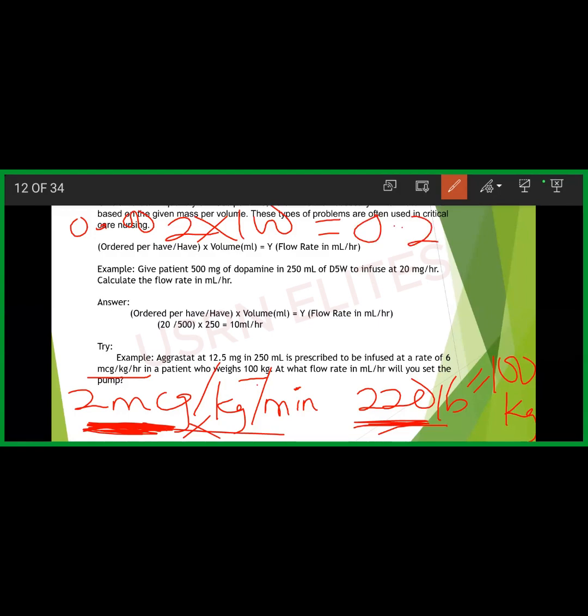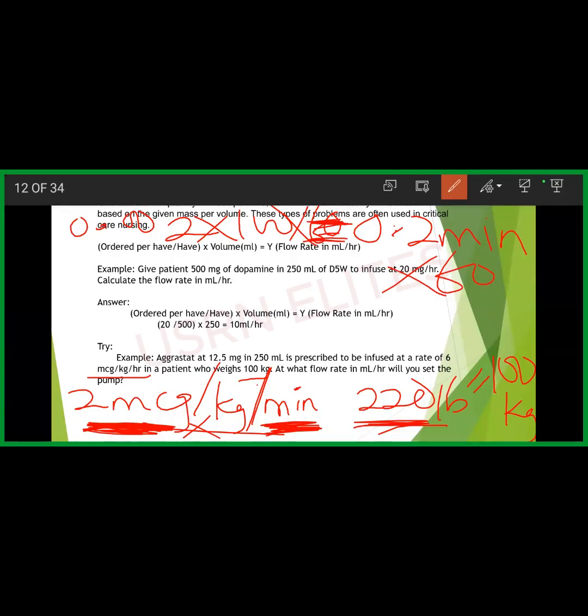But know that what you are getting here is per minute. The prescription is per minute. If you want to get this one in hours, you multiply by 60. So straight away you can do it like this and compute the answer. But if you want to do it in this way, then after that you multiply by 60. It is also okay.